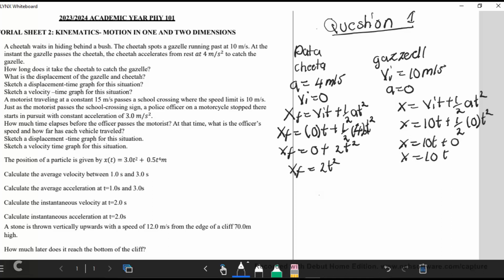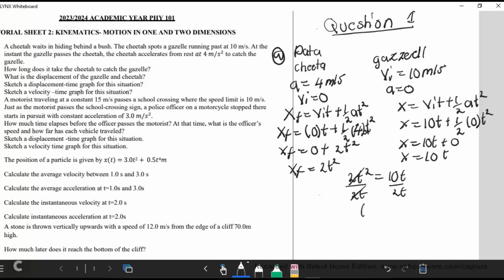So what really are we looking for? Remember, in question 1 we're looking for the time that it took the cheetah to catch the gazelle. So we have to equate these two equations. We say 2t squared is equal to 10t. Then 2t times t, and 10 times t.